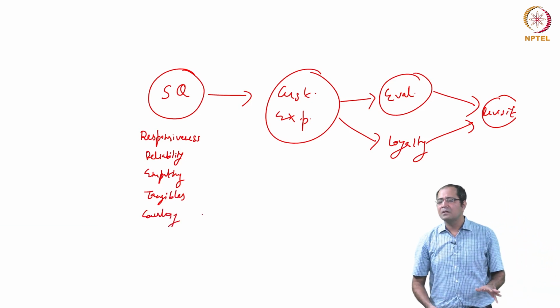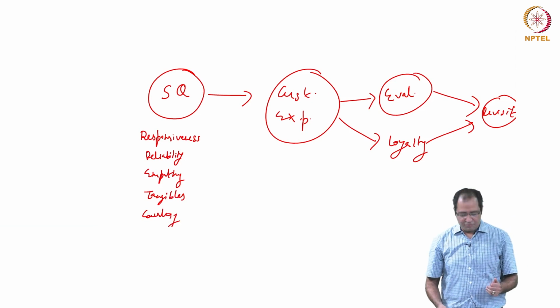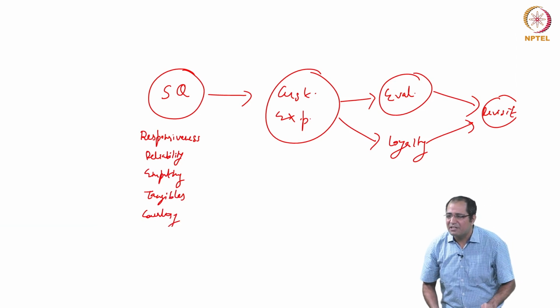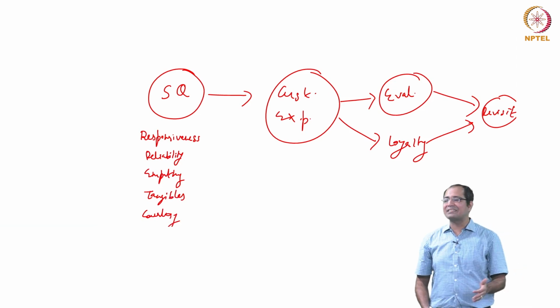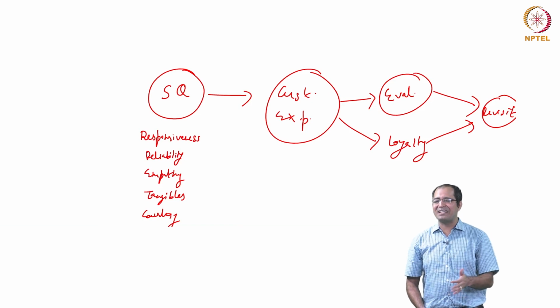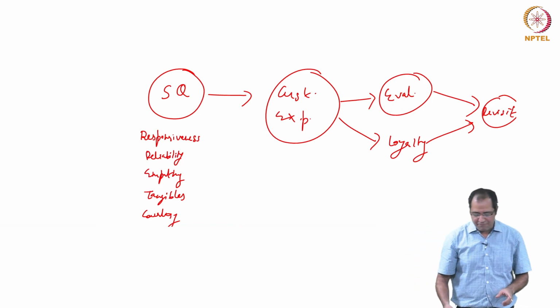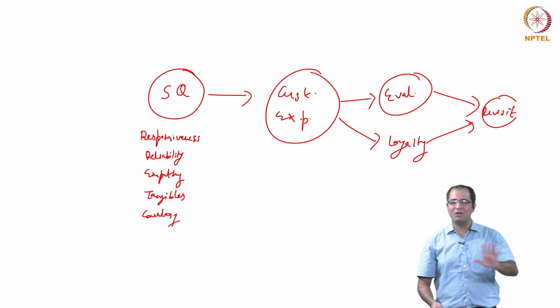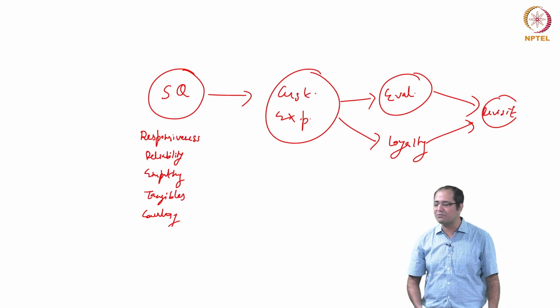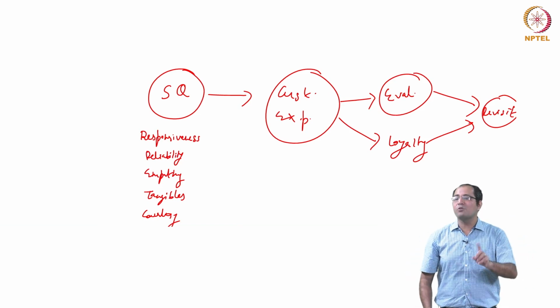Five service quality constituents are there, which means these five constituents impact the customer experience, which impacts their evaluation, positive or negative, and loyalty, which makes them repurchase. So if you have to make the customer experience good, you have to perform better on the service quality constituents.